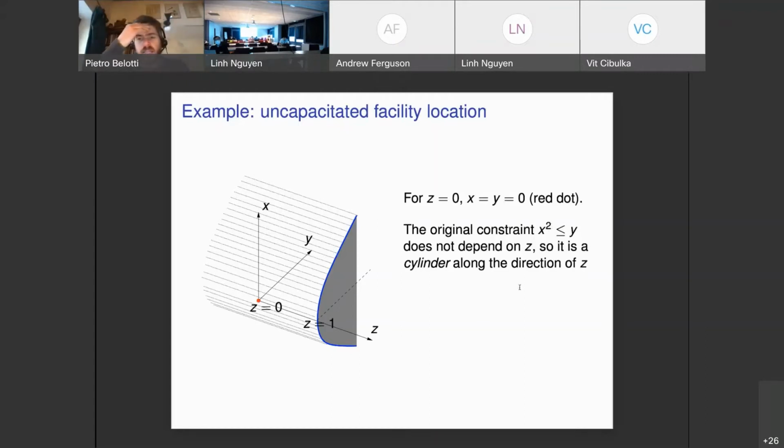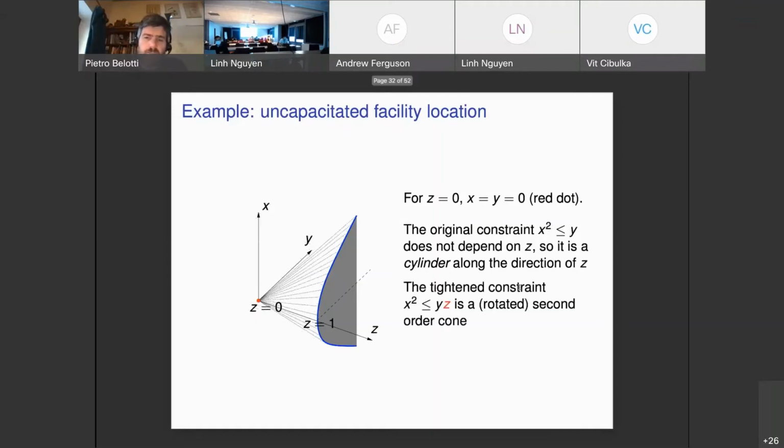However, if we apply very simply the perspective reformulation technique I just described, all you have to do is multiply the right-hand side y by z. And what you get, if you try to represent this, is a rotated second-order cone, which will exclude everything in the cylinder that was basically around here.